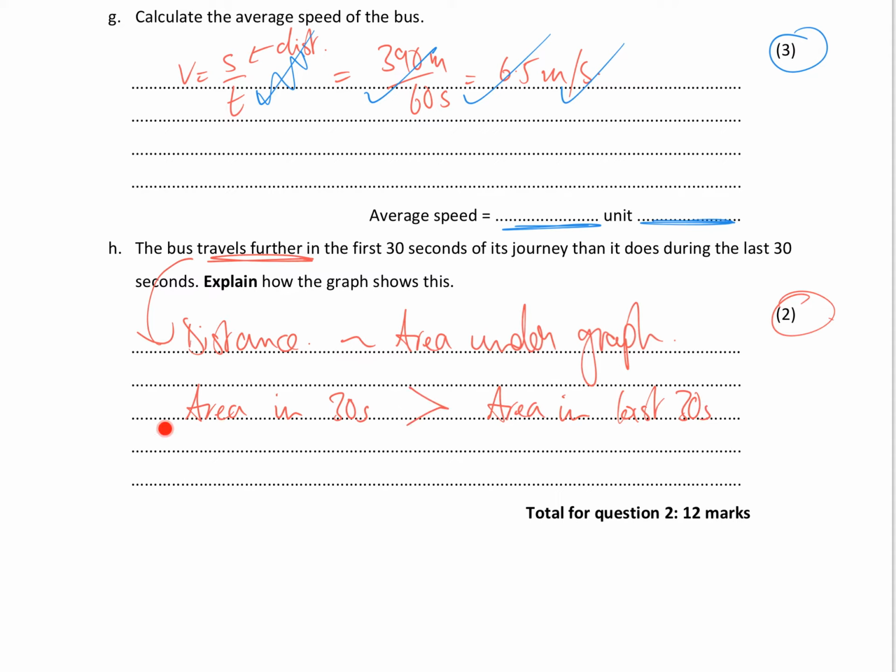So this is greater than that one, hence it's travelled further. Good. As opposed to travelling least far, so that's where you get the marks from. An assumption, and then comparing the areas between the two. Wonderful.